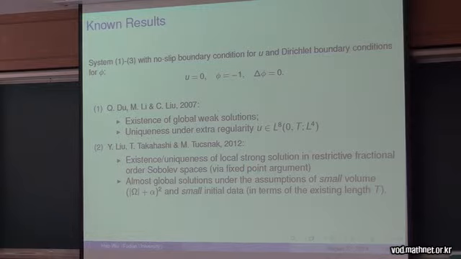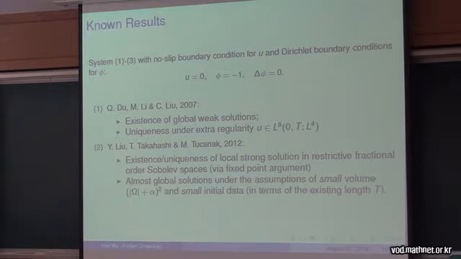But in a restrictive fractional Sobolev space, the space cannot be very smooth. This is just due to their methods. They use some fixed point argument, and they want to map the space into itself.